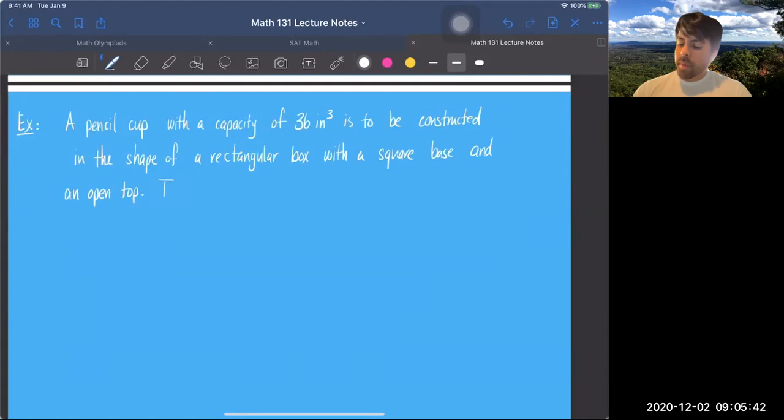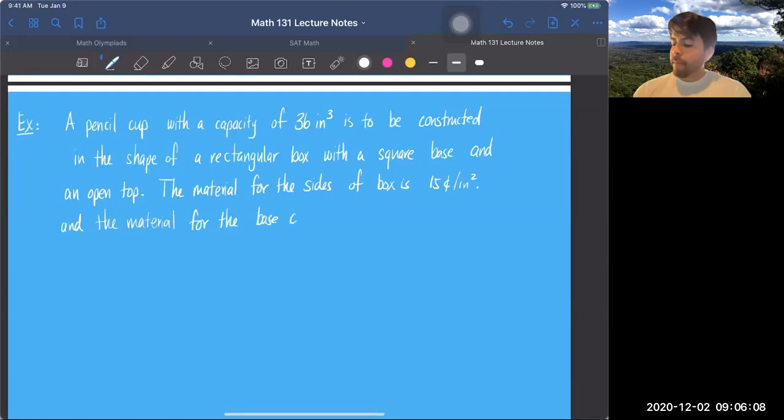The material for the sides of the box is 15 cents per square inch. And the material for the base, we're going to say, costs 40 cents per square inch.